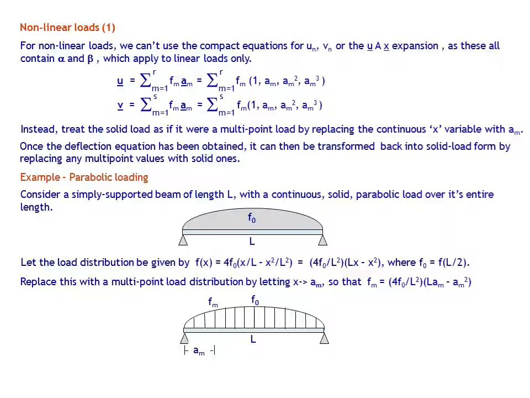To turn this into the equivalent multipoint load, we replace x by Am to get the multipoint load equation Fm is equal to 4f0 over L squared into LAm minus Am squared.